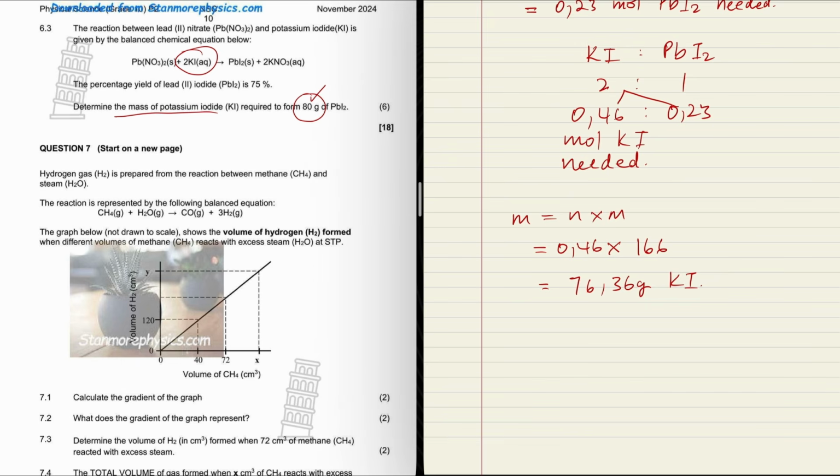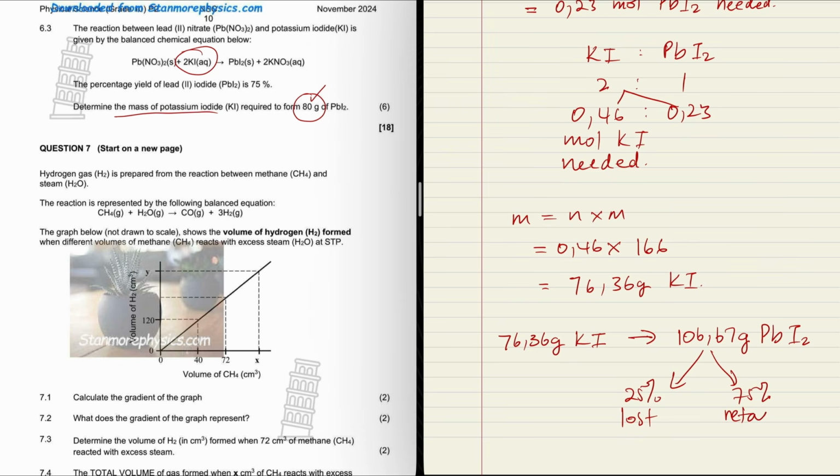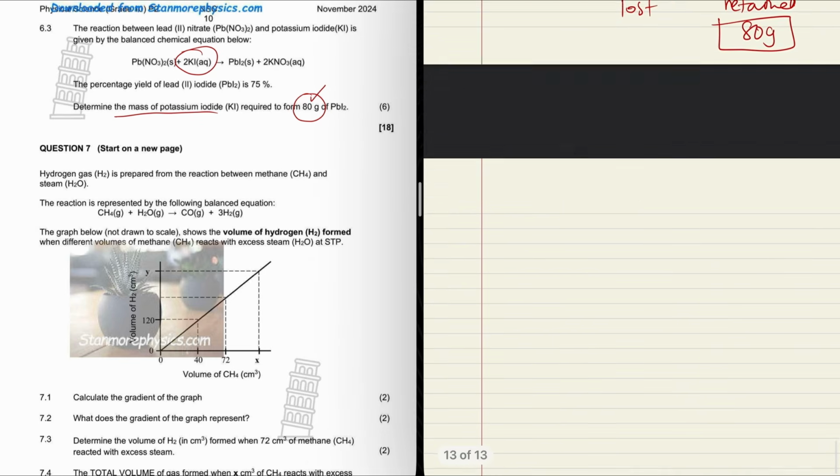So again, just to put this into context, 76,36 grams of KI is going to give me 106,67 grams of PbI2. Now 25% of this will be lost, and then 75% is retained because that's the yield, and that 75% is the 80 grams that the question is asking us to produce.